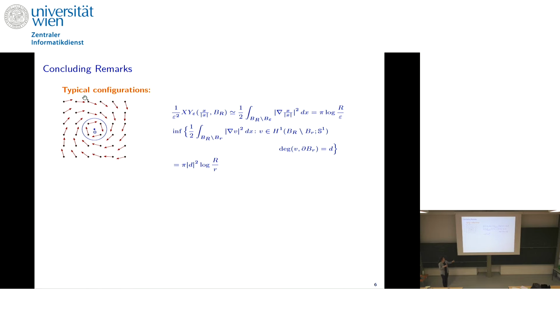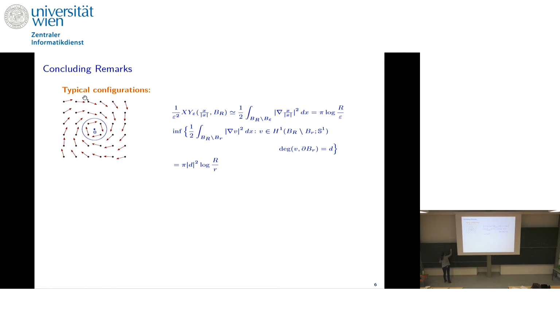Let me also tell you that this is a very specific case. The x mod x is a very specific case. So you can also consider in general this minimization problem here, where I'm just integrating the gradient of a Sobolev function on an annulus. And I'm requiring that the Sobolev function has degree d on the inner ball.